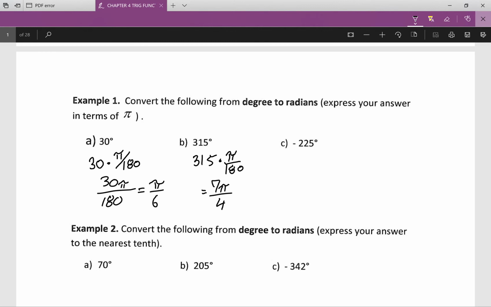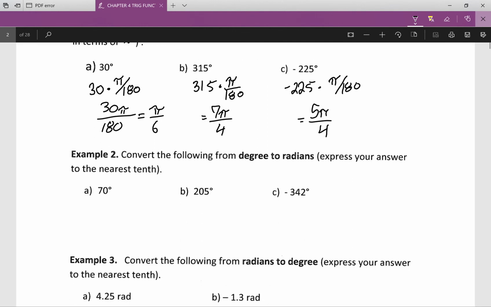Negative 225, yes, we can have negative angles. We will talk about that in a future lesson, but for right now, I'm just going to go negative 225 multiplied by pi over 180, and once I get my cancellations, that gives me negative 5 pi all over 4.